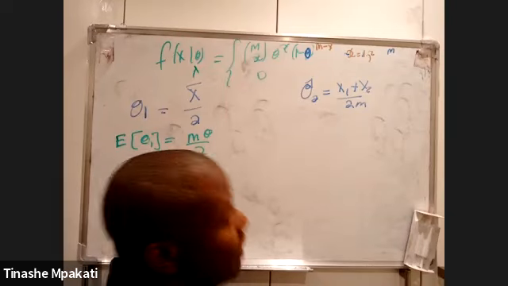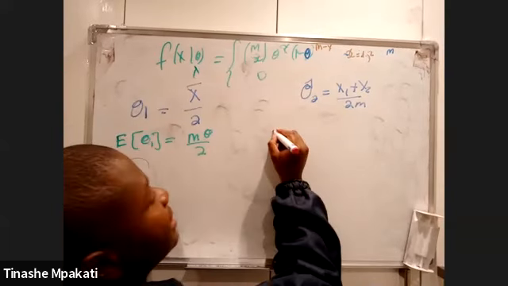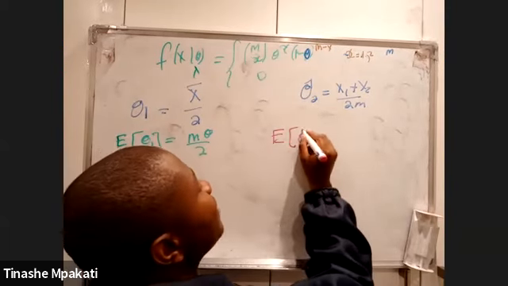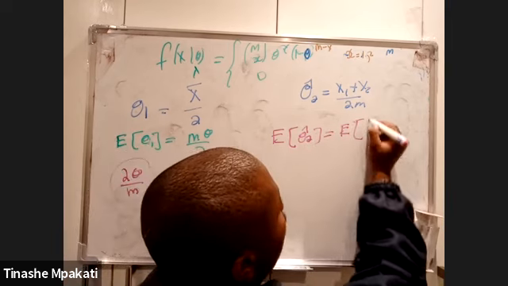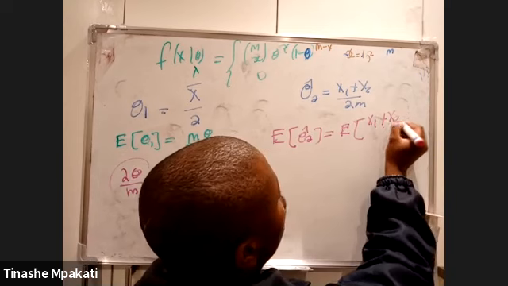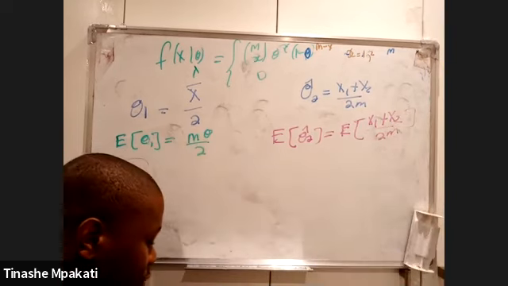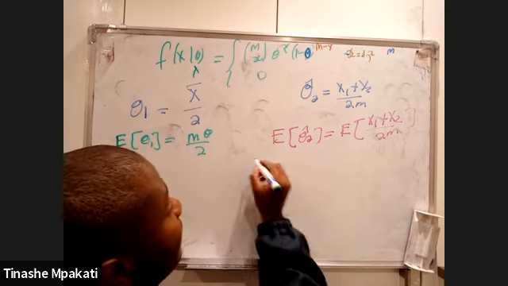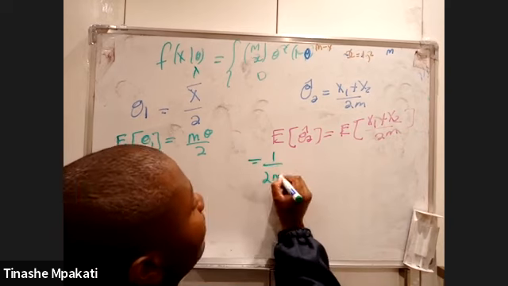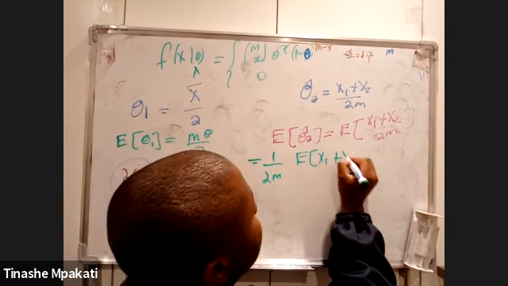Okay, so this is probably the last thing we're going to look at, which is the expectation of our theta 2. This is simply going to be the expectation of x1 plus x2 over 2m. I will take the 2m out because that is a constant in this case. So this will give us 1 over 2m multiplied by the expectation of x1 plus x2.